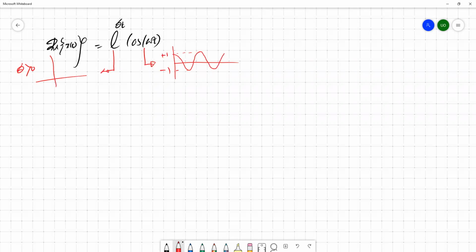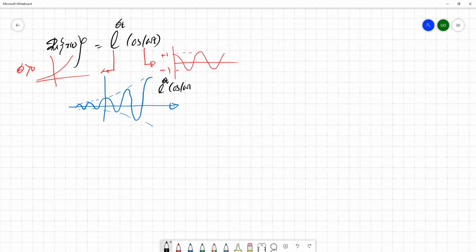Then the exponential looks like this, and the product of these two becomes this: e to the power sigma t cos omega t.